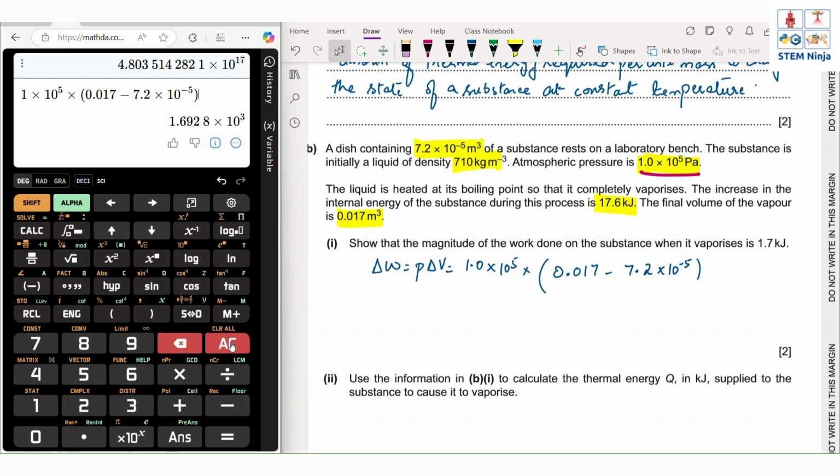We get 1.692 times 10 raised to power 3, which is approximately equal to 1.7 kilojoules, because this is 10 raised to power 3 over here.